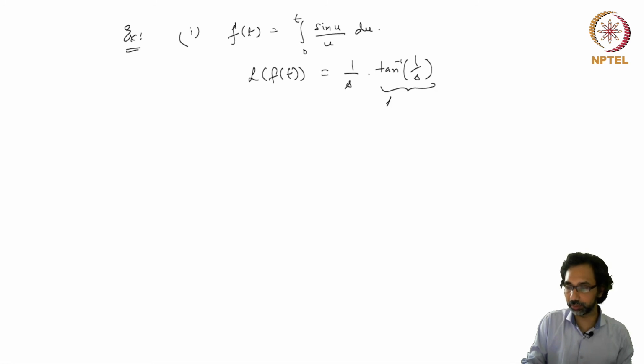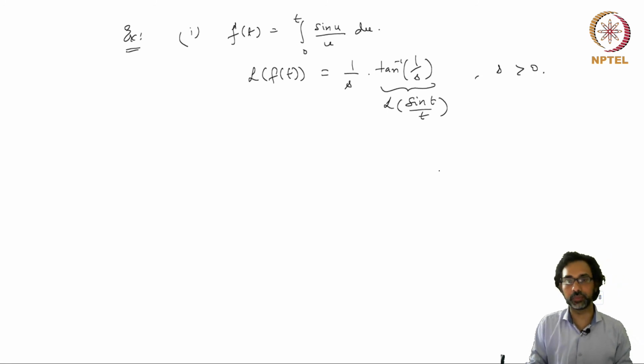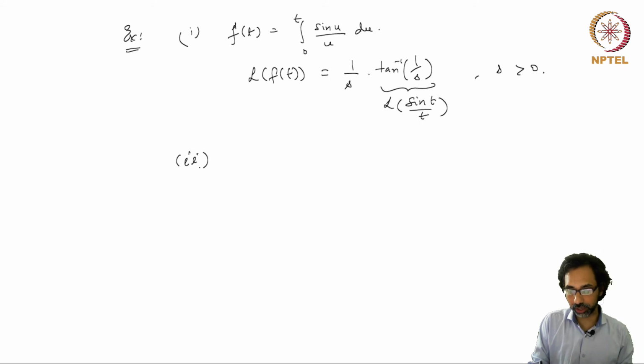This was nothing but the Laplace transform of sin t over t, valid for s greater than 0. So again we can verify this formula for the Laplace transform of the integral from 0 to t of sin u over u du. Now let's look at a more complicated example.